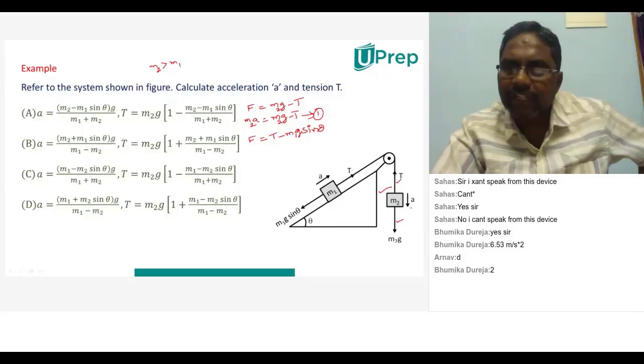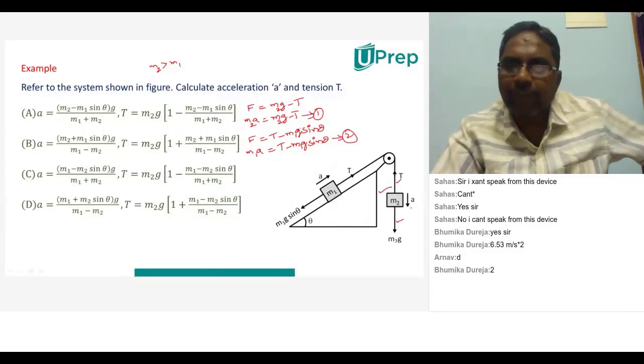As T is greater, that's why it is moving up. Otherwise it will not move up. That point you have to remember here. Now F means resultant force. I am writing in accordance with Newton's second law of motion: M1A is equal to T minus M1G sin theta, and this is equation number 2.